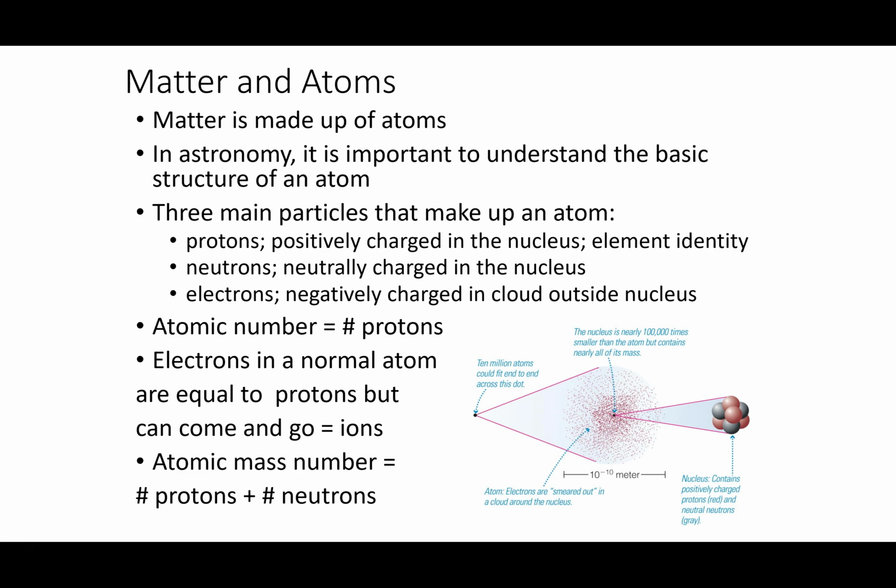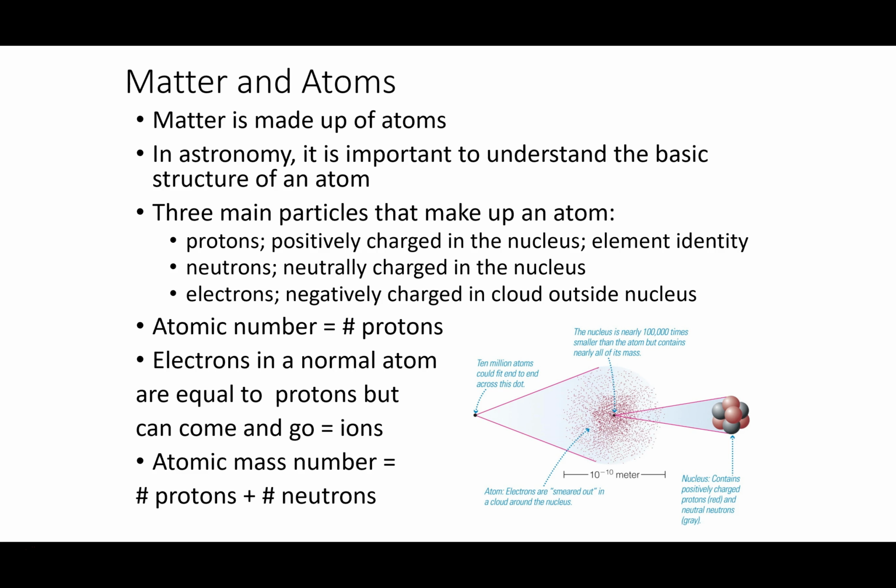So, if you count protons, which would be 16 for sulfur, and let's just say it has 16 neutrons, 16 plus 16 is 32. So the mass number for that particular atom would be 32. So it's all about counting protons and neutrons. I kind of look at neutrons as kind of like the salt and pepper of the universe.